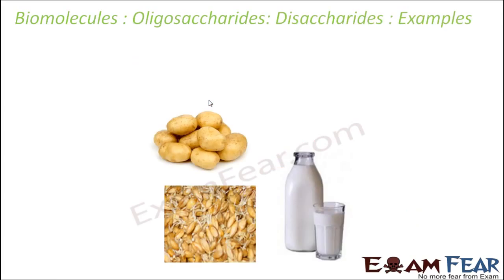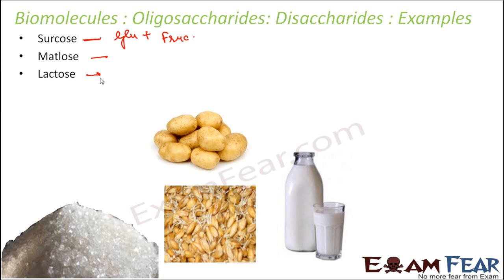Now let us look at some examples of disaccharides. Sucrose is made up of glucose and fructose. Maltose is present in germinating seeds like barley, and also in vegetables like potato. Lactose is present in milk.